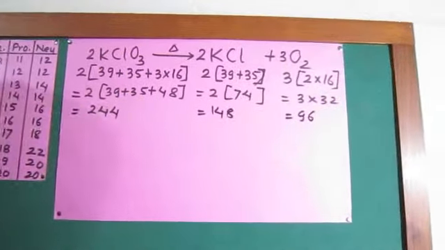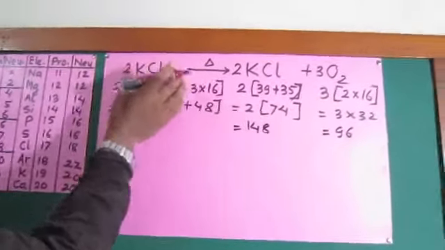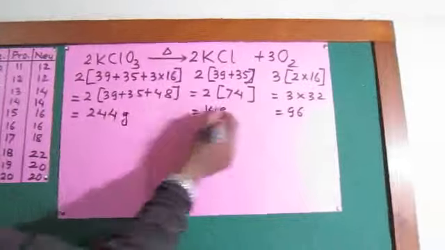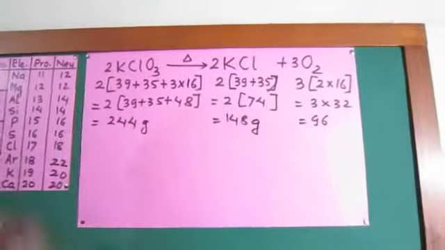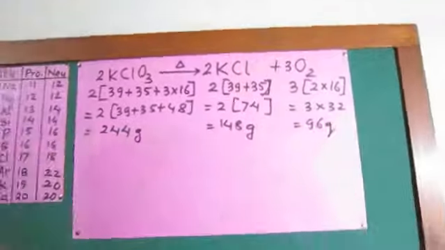Now we can conclude that 244 grams of potassium chlorate when decomposed, then 148 grams of potassium chloride forms along with 96 grams of oxygen.